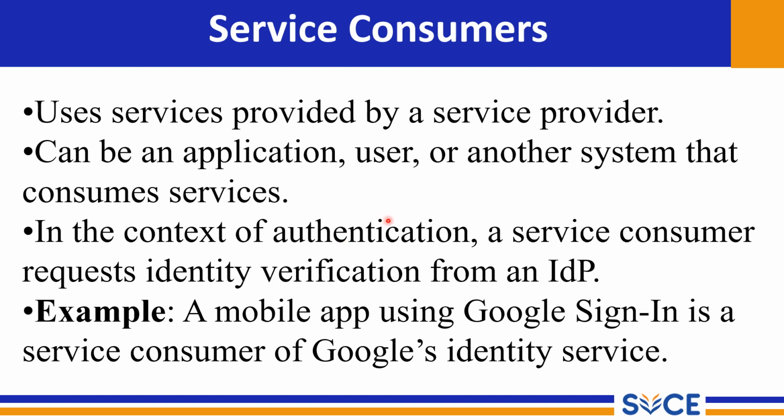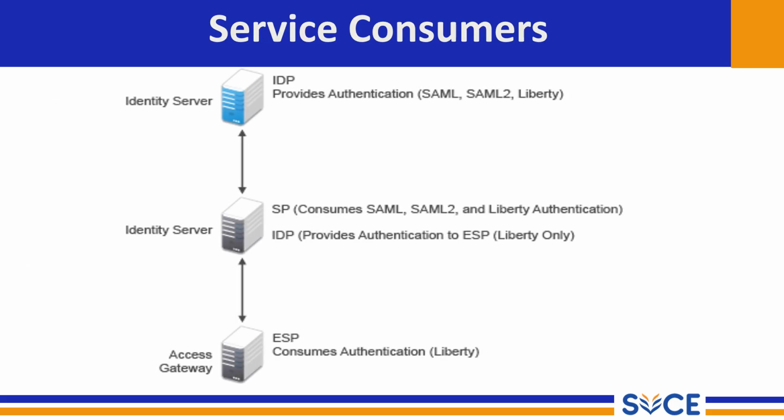Okay, and next we are going to discuss network access control and how they are implemented. Before that, I'll just show you a demonstration of how it is working. Here the identity server will be there, and then the access gateway will be there.